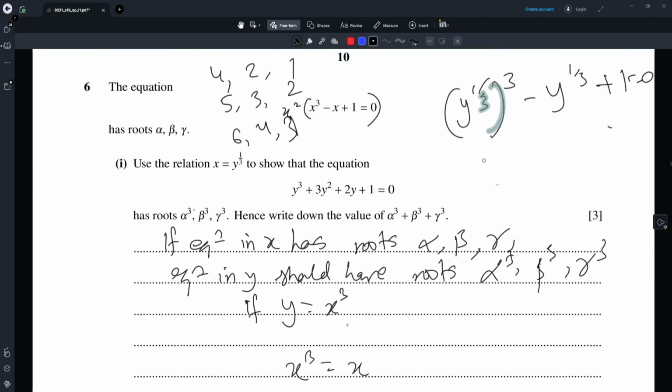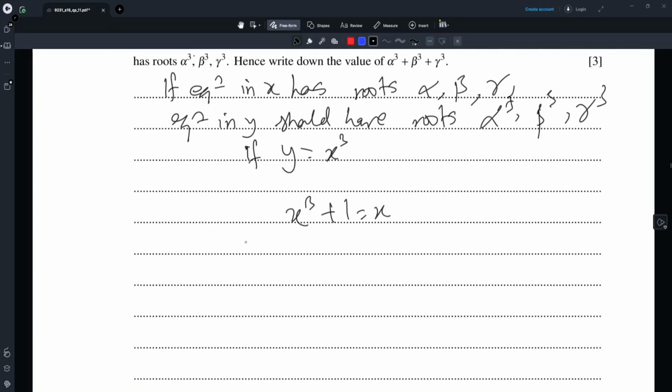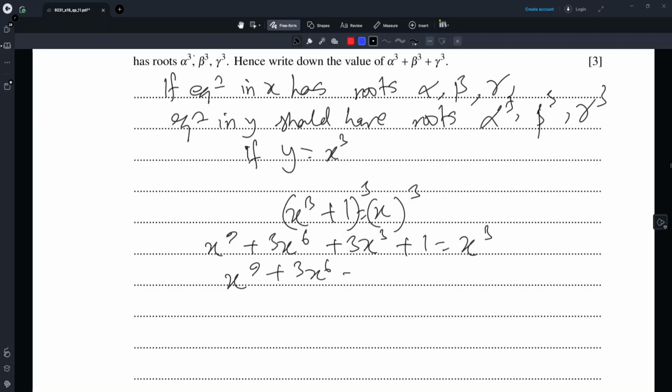x cube plus 1 equals to x. So I get here, cubing both sides, x to the power 9 plus 3x to the power 6 plus 3x to the power 3 plus 1 equals to x cube. So we have x to the power 9 plus 3x to the power 6 plus 2x cubed plus 1 equal to 0. x equals to y to the power 1/3.